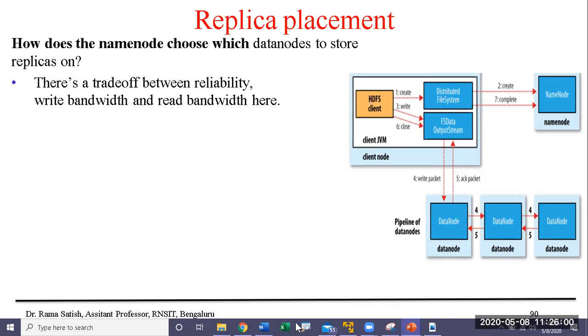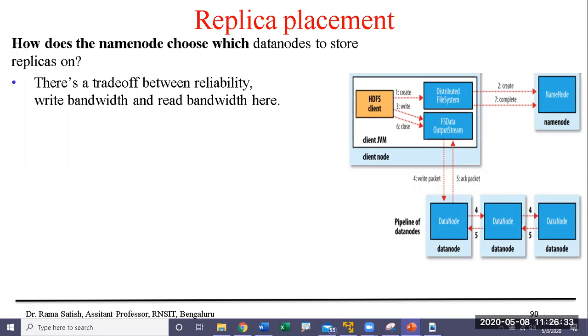So data node involvement while writing the data is more. Definitely the bandwidth required for reading the data is less compared to the bandwidth for writing the data.